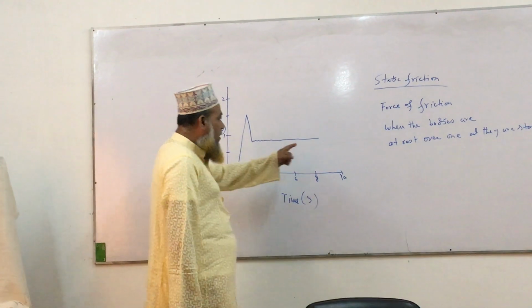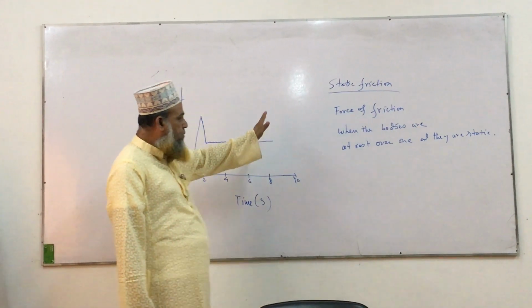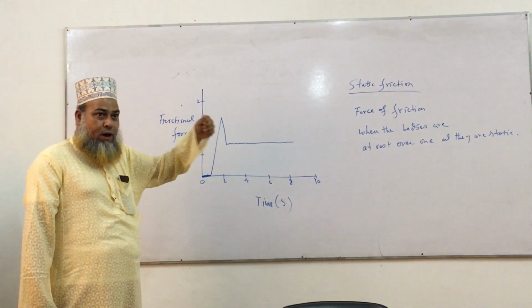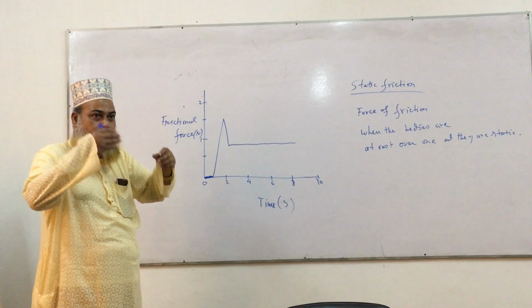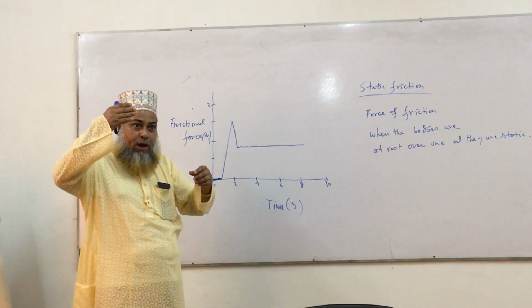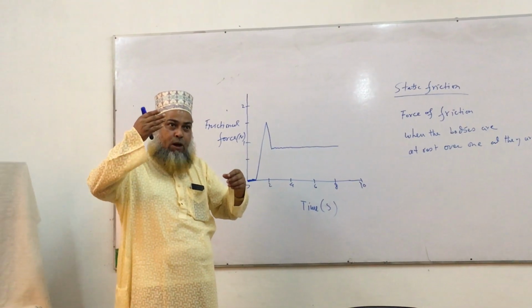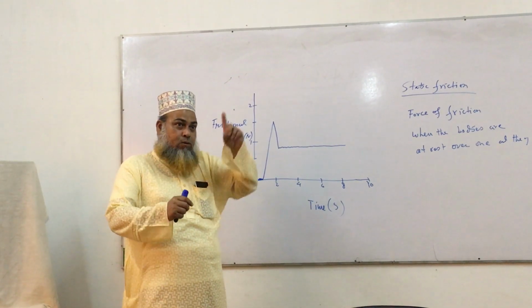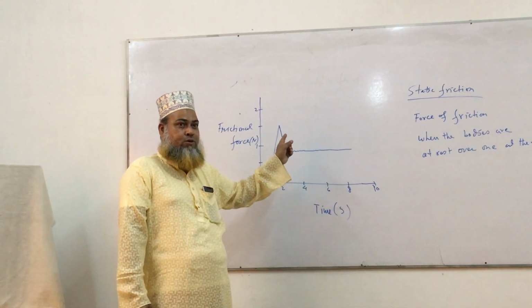This is what I raised in the previous picture. We apply force, then the body suddenly starts to move. The minimum of applied force which we apply is equal to the maximum of static friction force.